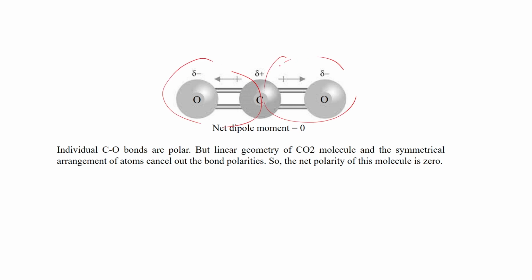Because of the symmetric arrangement, the polarities cancel each other, so the net polarity of this molecule turns out to be 0. So it is not essential that even if the atom is electronegative, the molecule will have a finite dipole moment. For example, CO2 does not have any dipole moment, whereas H2O does. So the asymmetry of the geometry is important.